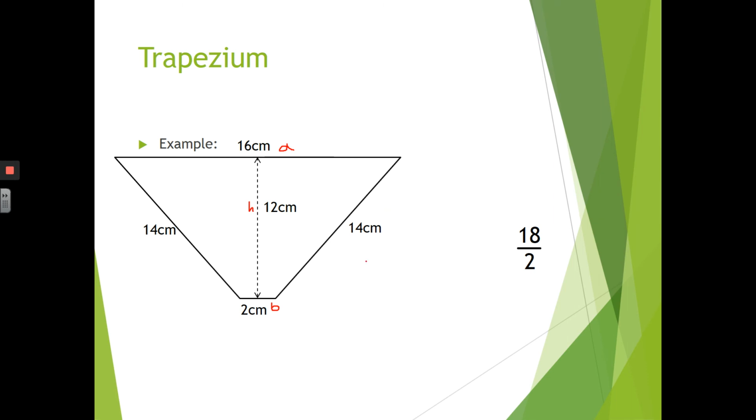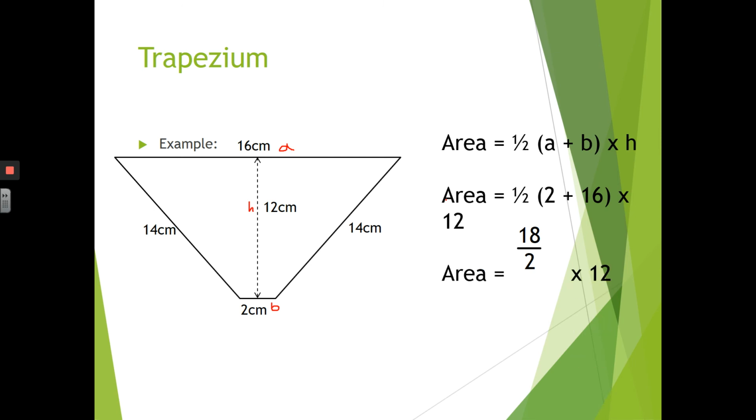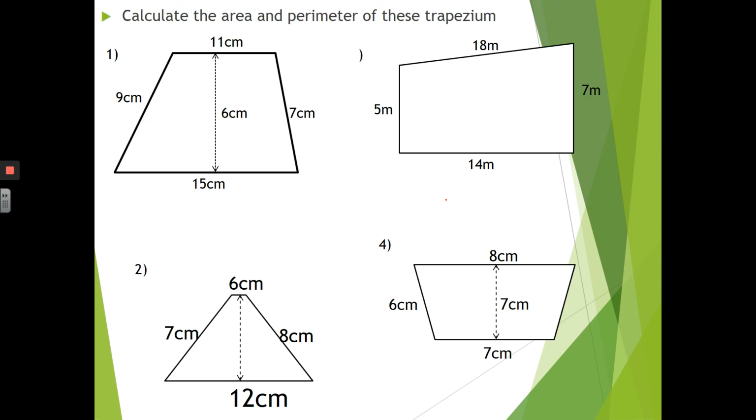Again, we don't need those 2. So using half bracket a plus b times your height, you've got 2 plus 16 times 12, which is 18 divided by 2. You can put that into your calculator and get 108 centimeters squared. So remember, your 2 parallel sides added together, half it, and then times by your height.